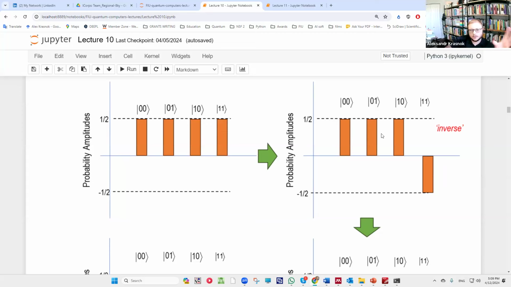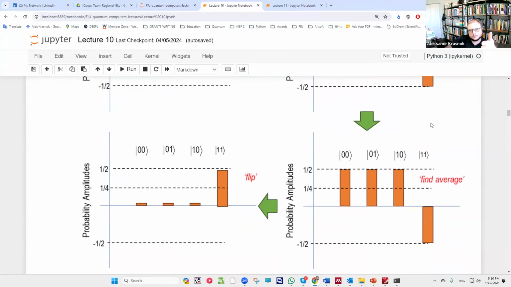The oracle leaves unchanged all elements in the list and flips the sign of just one element that we are searching for. We know what we are searching for, we just don't know where this element is located. So the oracle is applied to inverse the sign of the element.